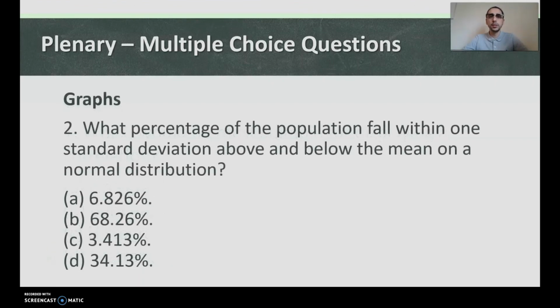Number 2, what percentage of the population fall within 1 standard deviation above and below the mean on a normal distribution? 6.8%, 68.26%, 3.4%, or 34.13%. As we just knew, it's above and below the mean, which means it's 68.26%.